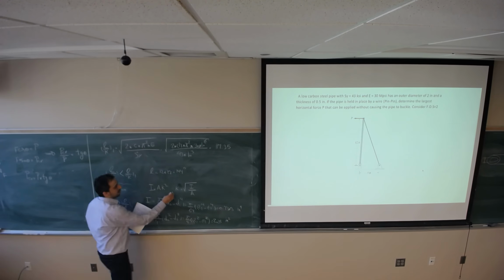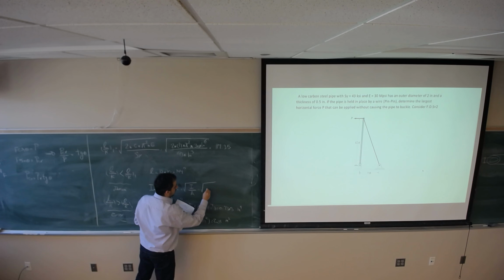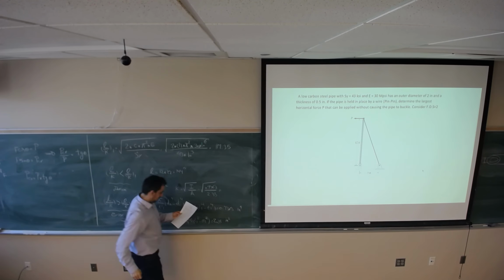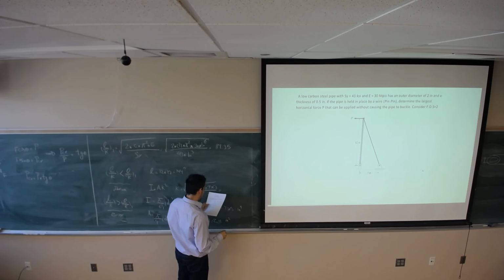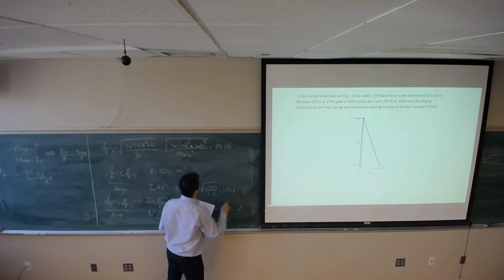Now I can find K. 0.7363 divided by 2.35, and K is going to be 0.558 inches.